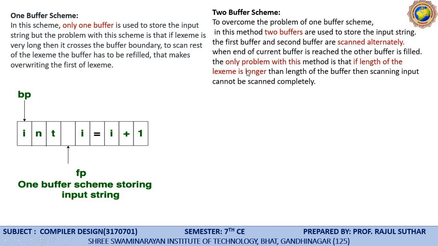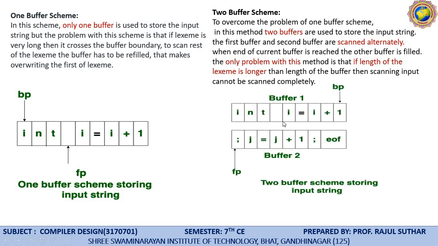The only problem with this method is that if the length of the lexeme is longer than the length of the buffer, the scanning input cannot be scanned completely. So this is the disadvantage of the two buffer scheme.